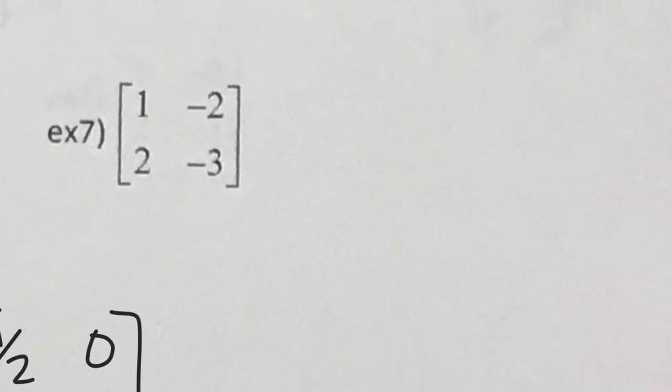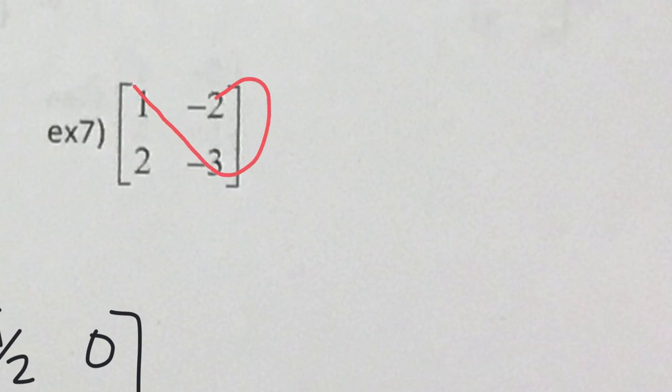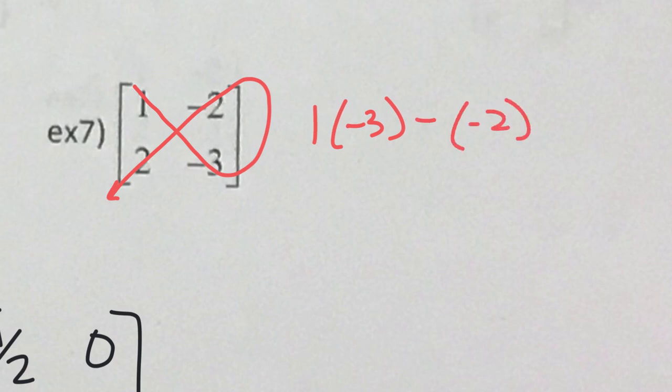This is 1 times negative 3 minus 1 times negative 3 minus negative 2 times 2. So this is negative 3 minus negative 2.